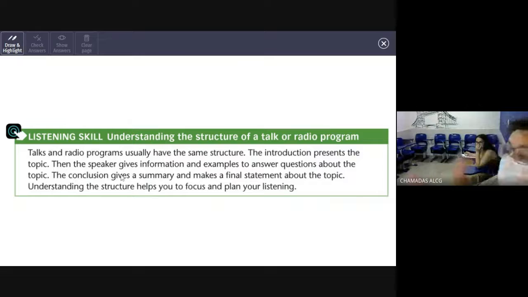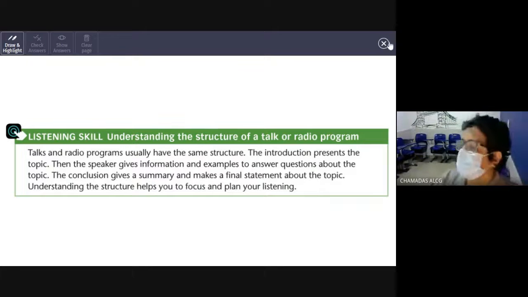The conclusion gives a summary and makes a final statement about the topic. So these are very important steps, and it's nice to help you plan your project presentation. Introduction, development, conclusion. Okay? So it's nice to help you structure presentations in general. Okay? Do you know what a final statement is?